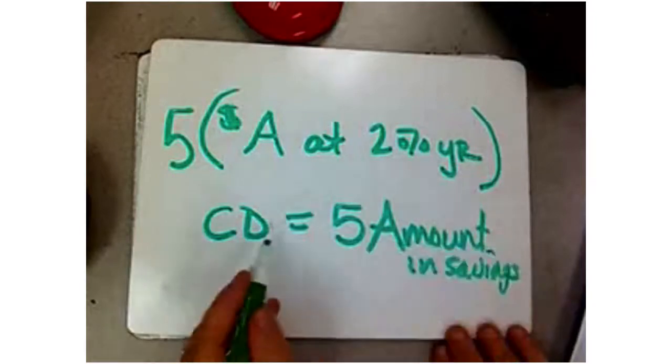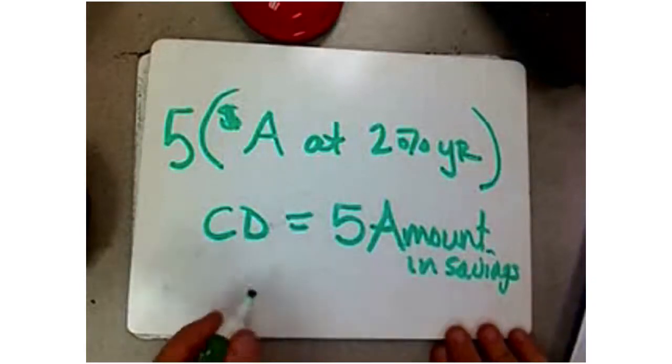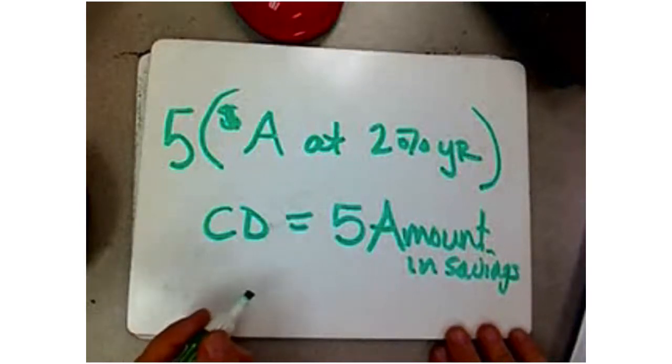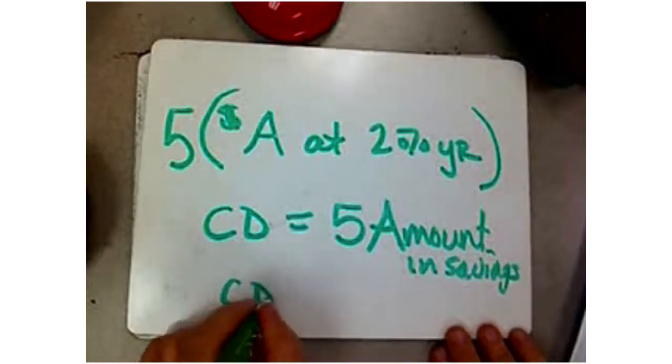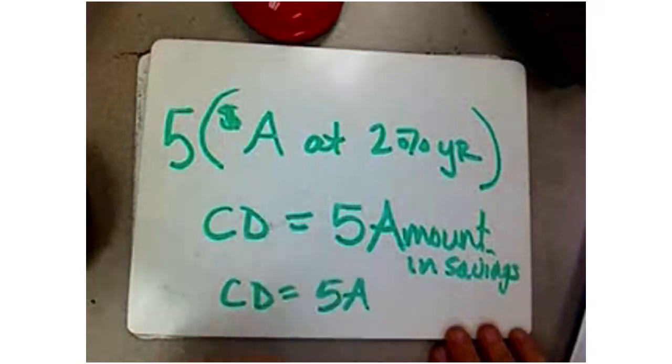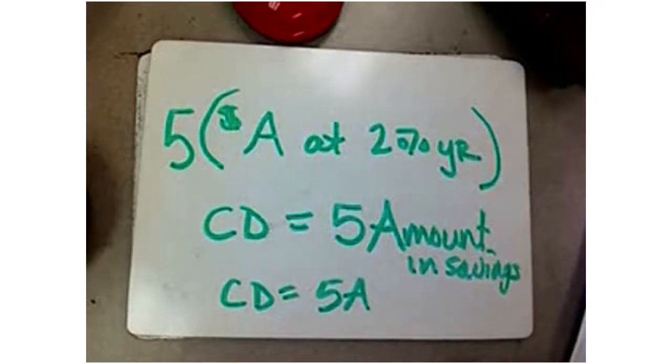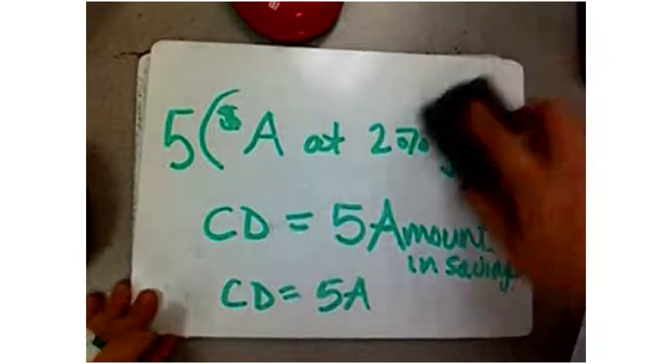Okay, the CD equals 5 times the amount in the savings. And you could then assign variables, or you could say CD equals 5A or something like that. And that's what the book suggests, okay? So taking the words and putting it into a mathematical expression or equation.